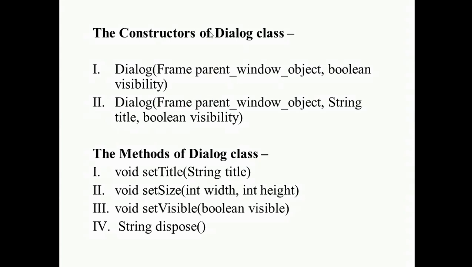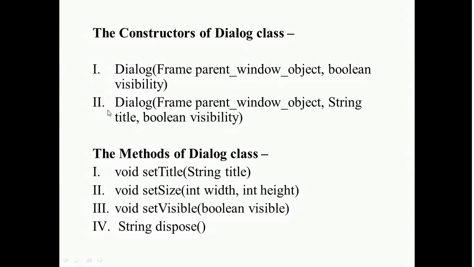If it is true, the dialog box is displayed, that is visible, and if it is false, the dialog box is invisible. So the first constructor is Dialog(Frame parent window object, boolean visibility).